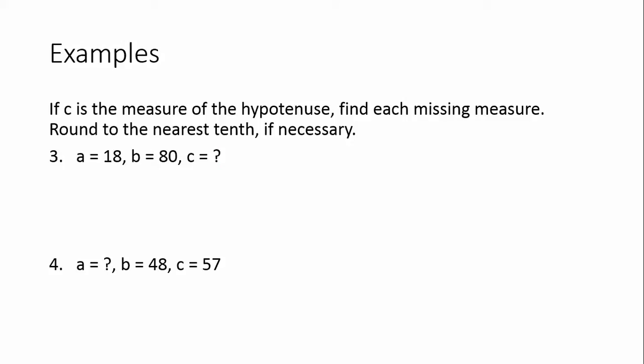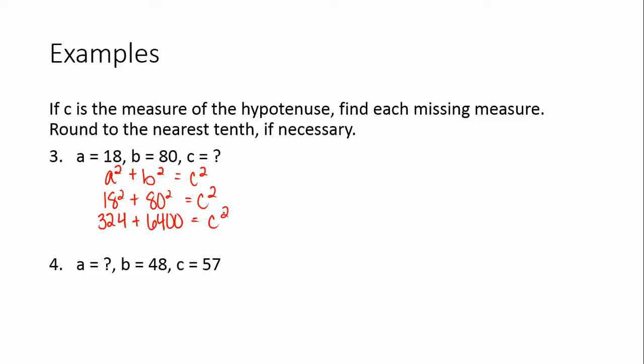So for example 3, if we have a squared plus b squared equals c squared, that's 18 squared plus 80 squared equals c squared. 18 squared is 324. 80 squared is 6,400.